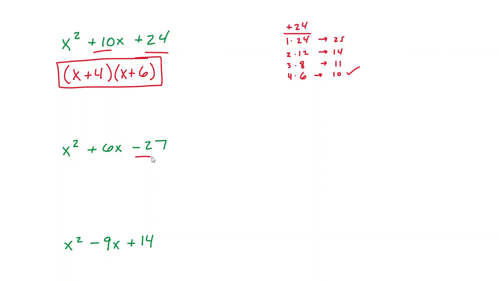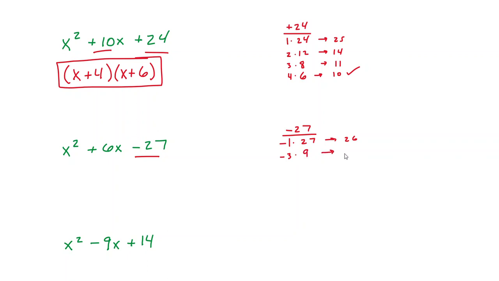Let's go to the next one. -27 is the constant. Just because I like to be careful with my negative signs and not get them mixed up, I like to put the negative sign first. So -1 times 27. If I add that together, I'll get 26. -2. Well, wait, 2 does not go into 27, so I'll skip 2 and go to 3. -3 times, let's see, 9, right? 3 times 9 is 27.